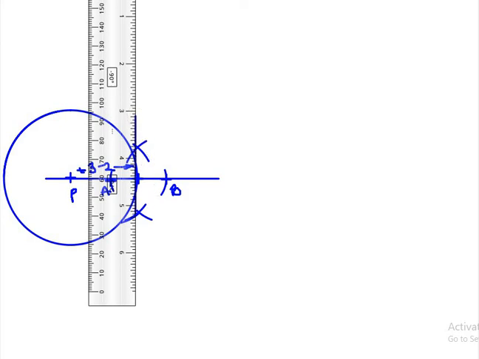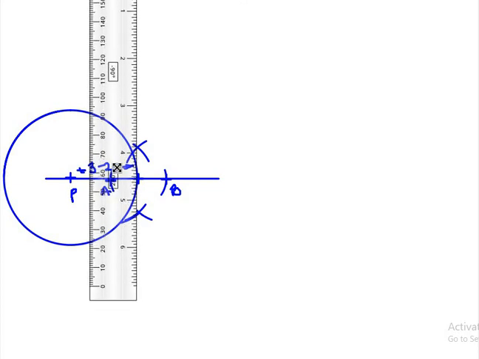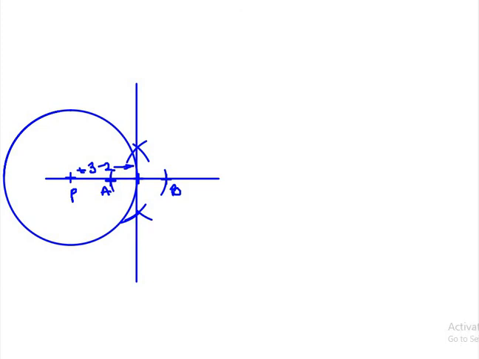You can see very clearly that the tangent is touching the circle at this point M. So hope you have understood this part very well. So these are the two methods. As per your convenience, you can draw any one of these two. Thank you very much for watching this.